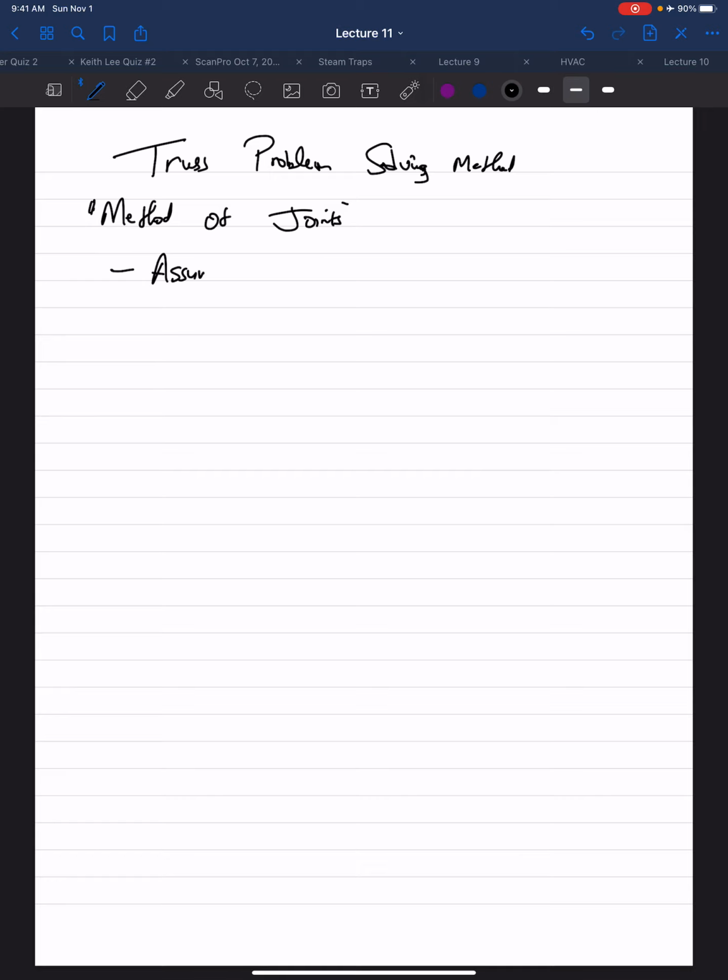So our first truss problem solving method is the method of joints. This is based on the assumption, for statics, just to keep hitting that point, that the entire truss is in equilibrium.